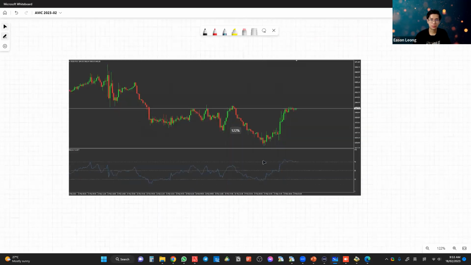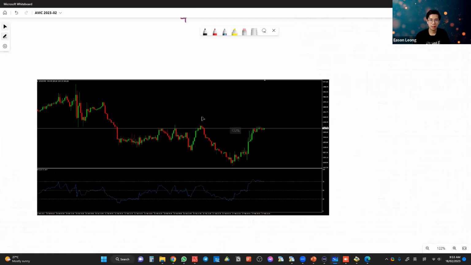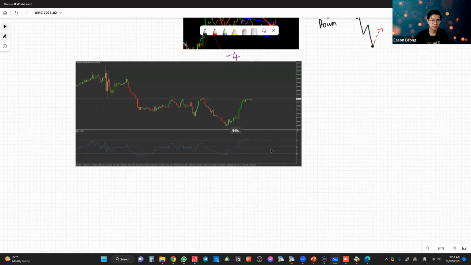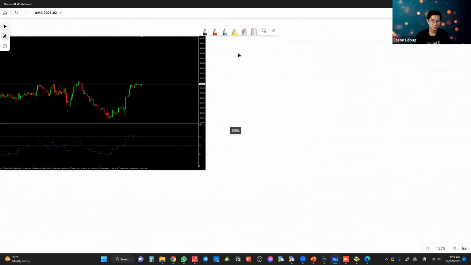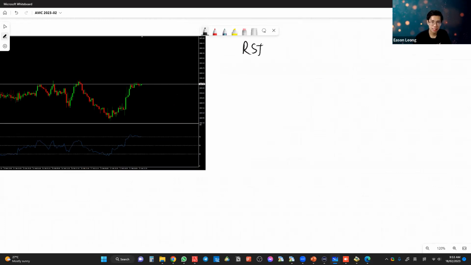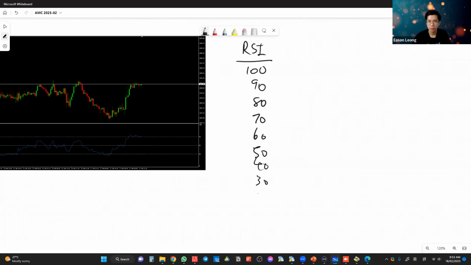Same thing, we would like to give a score for the RSI. How we score the RSI is based on the table that you took a screenshot of just now. Let me draw it up over here. With the RSI value, RSI ranges from 100 to 0 only: 50, 40, 30, 20, 10, and 0.